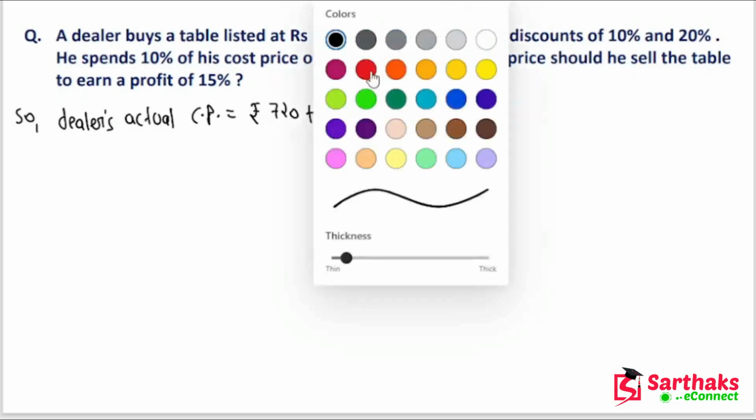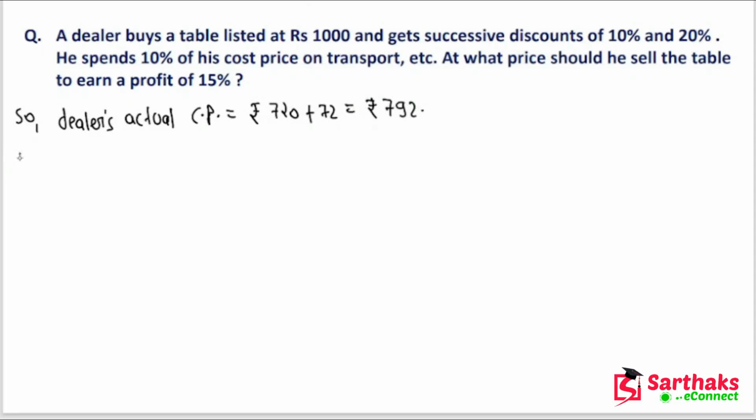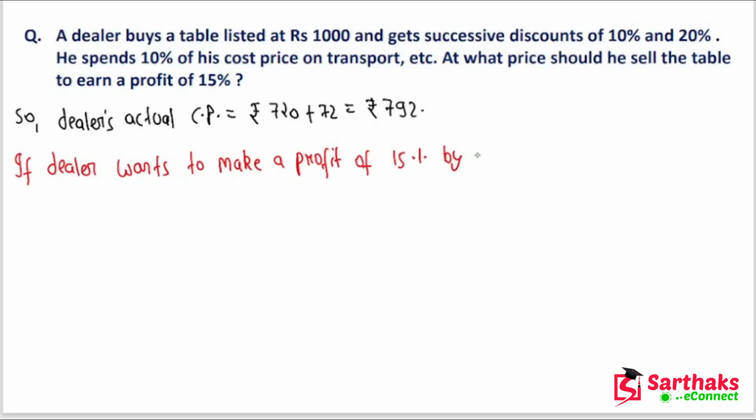So we have the formula, right? That is why it is important to learn formulas. If the dealer wants to make a profit of 15% by selling the table, then his selling price is equal to, we have the cost price and the gain percentage, that is the profit percentage.